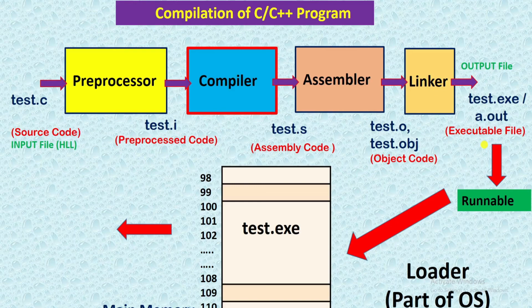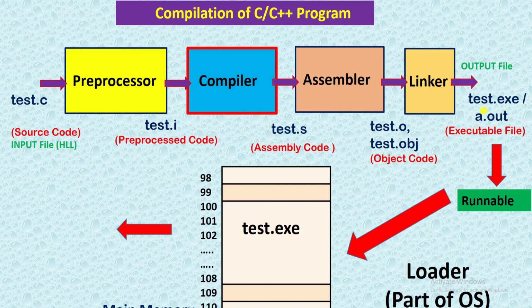So what happens, let's say you double click this test.exe after your compilation process is over. You get test.exe, and if you want to run that file and find the answer of your program, then the loader comes into play.